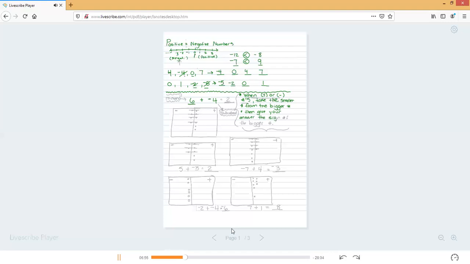All right, this rule always works. The sign of the bigger number.